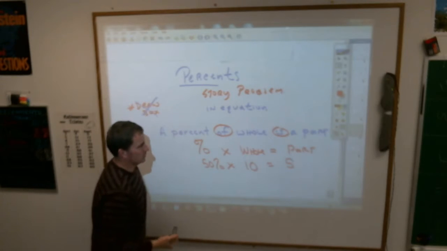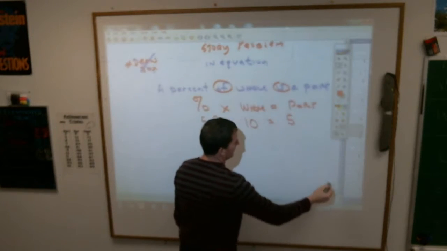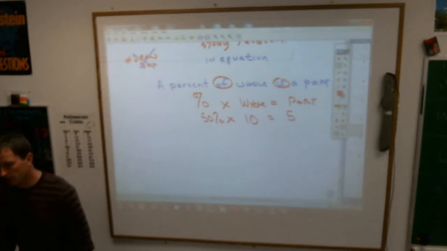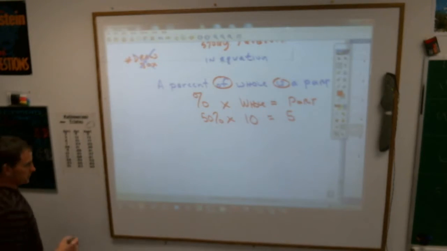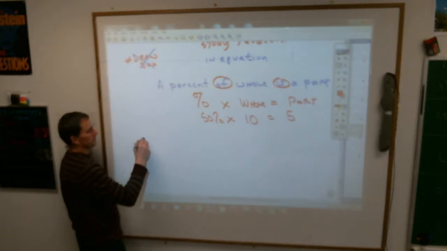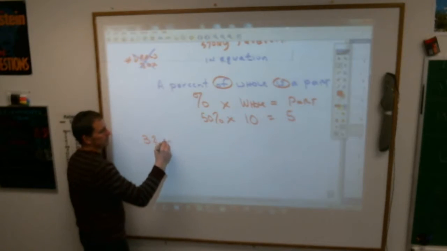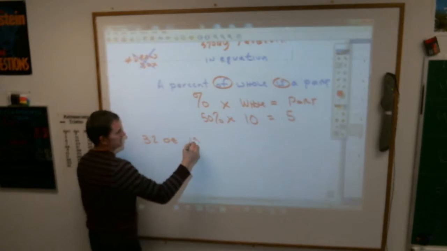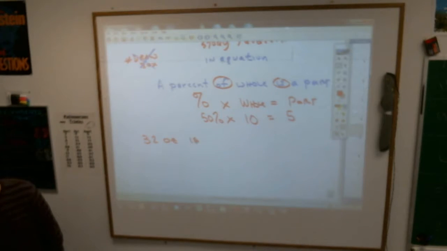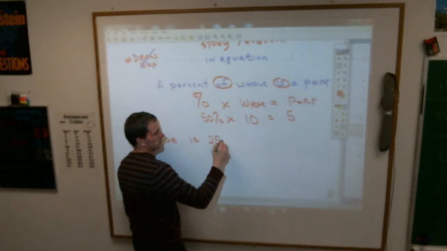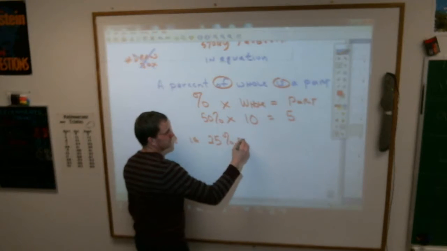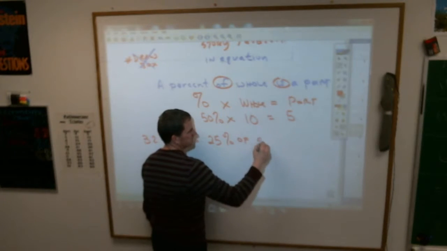Because, here, let me give you a story problem. Let me shoot you with a story problem here. 32 ounces is, there's that word is, 25% of a gallon.